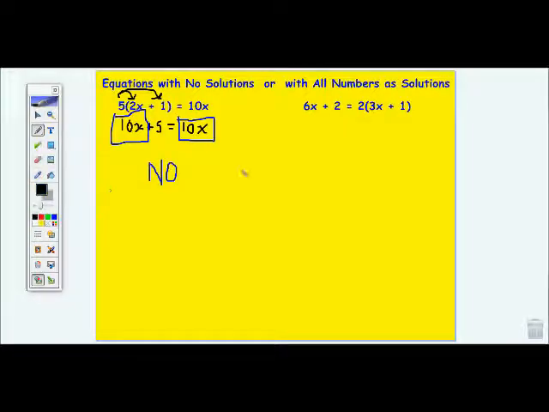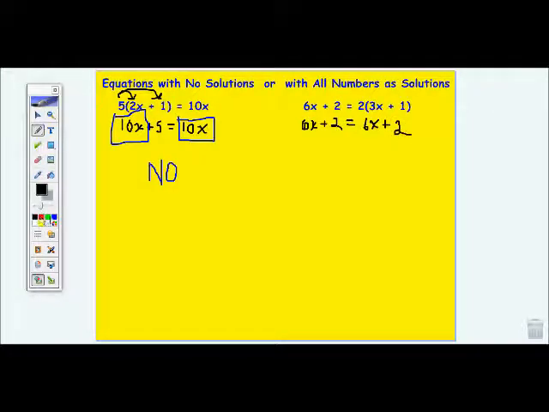Doing the same process on this other side, again we have some parentheses, so we need to do the distributive property. This side of the equation is already simplified, so I just copy that. And now I'm going to distribute 2 times 3x equals 6x, and plus 2 times 1 equals 2.